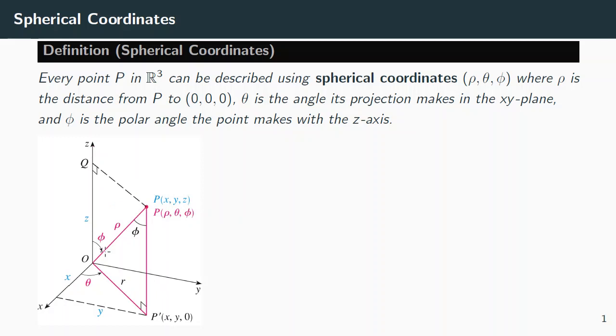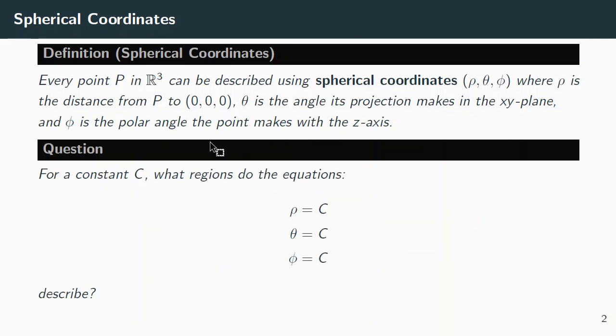You could imagine there's a whole circle of points up here that would all have the same phi value for a given z value. So rho is the distance from the origin. Phi measures down from the z-axis. Theta measures over, if you cast the shadow down on the xy plane, theta would be the angle in that shadow.